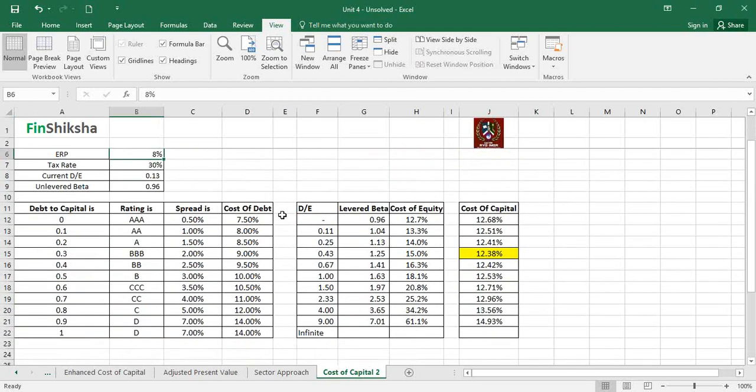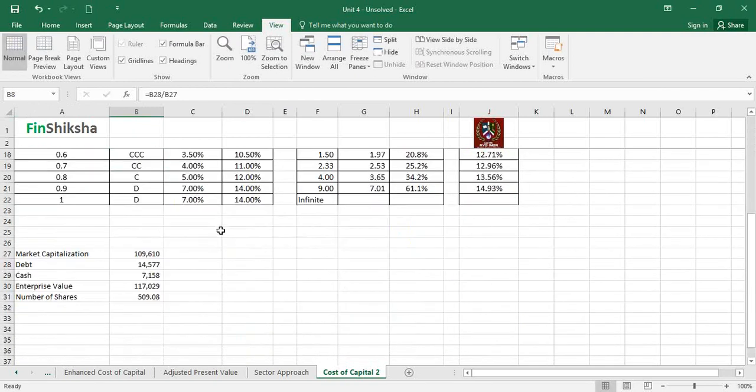So it's exactly the same as what we had done earlier, just that we have identified the current debt equity number based on not the book value, but the market value of equity.